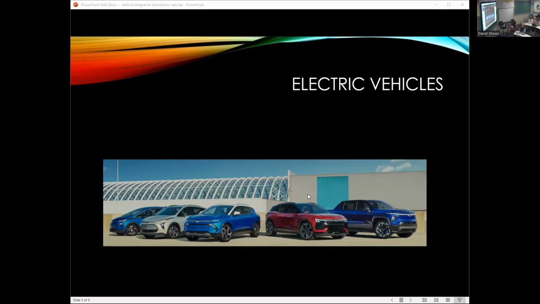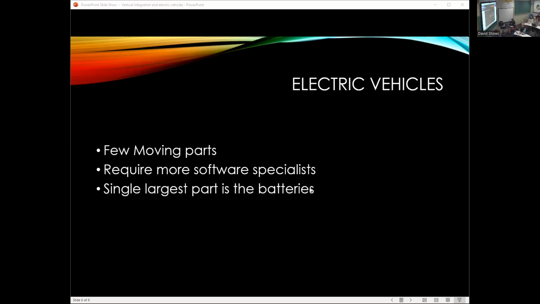Now, for those of you who are a little fuzzy on the inherent differences of electric vehicles, let's first talk about how they work. They have very few moving parts. The few moving parts that they have tend to be the wheels, tend to be the steering wheels themselves, but basically an electric vehicle is a practically solid state vehicle.